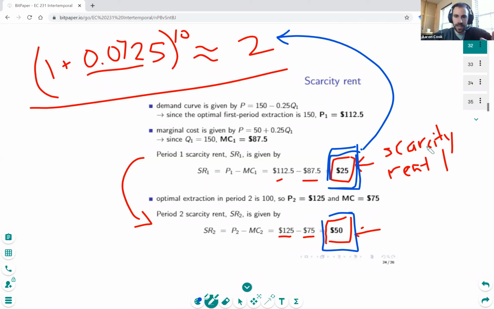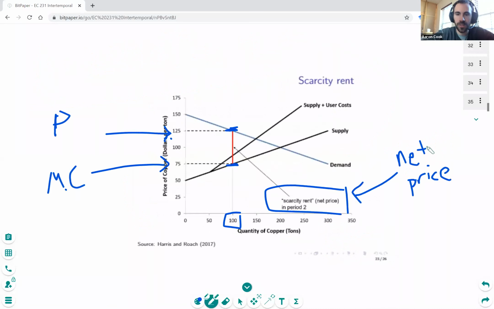So this example looks at the problem from the perspective of a producer and shows that the producer is making themselves best off when they are holding back just enough to make the net price rise exactly at the interest rate, and that also is the rate of extraction that will maximize the net benefits to society as a whole.